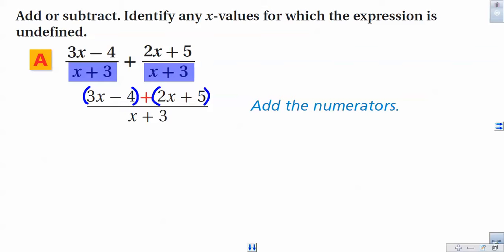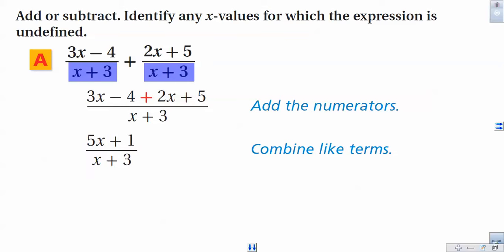Really nothing major happens here, especially when you have a plus sign. We're really just distributing a 1 into that 2x plus 5, so those parentheses really don't mean much. Then we combine like terms. The 3x and the 2x combine to give us 5x, and the negative 4 and the positive 5 combine to give us 1. So now I have 5x plus 1 over x plus 3.